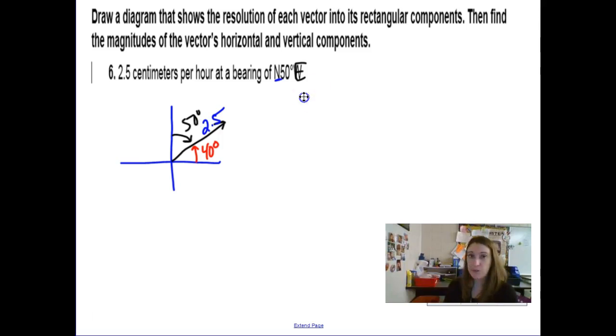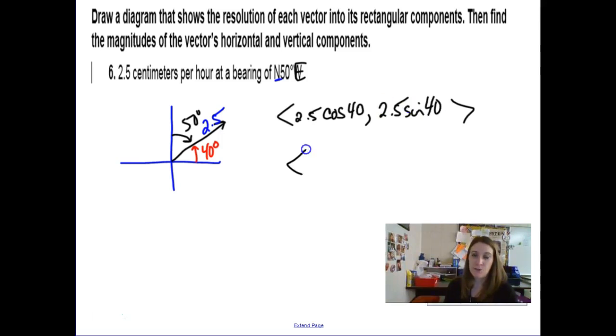Okay, well that is a horse of a different color. All right, here we go. The horizontal component is going to be 2.5 times the cosine of 40. There we go. And 2.5 times the sine of 40 is my vertical component. So I think that's what's on your paper, the one that we printed for you. So let's go with that example. All right, so these come out to, looks like 1.9 and 1.6 respectively.